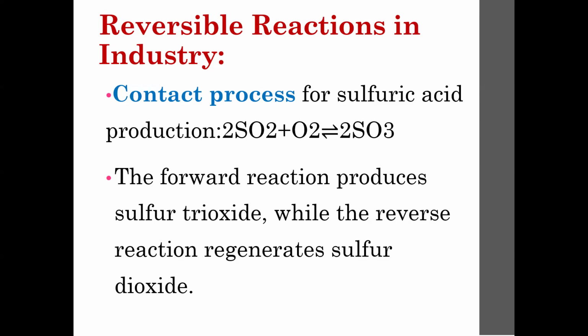For example, when we increase the pressure, the reaction will go in the direction that reduces the pressure, and it will go in that direction faster than the opposite direction. If there is more concentration of the reactant or the product, the reaction will proceed in the direction where the lower concentration exists, where the lower number of moles exist.